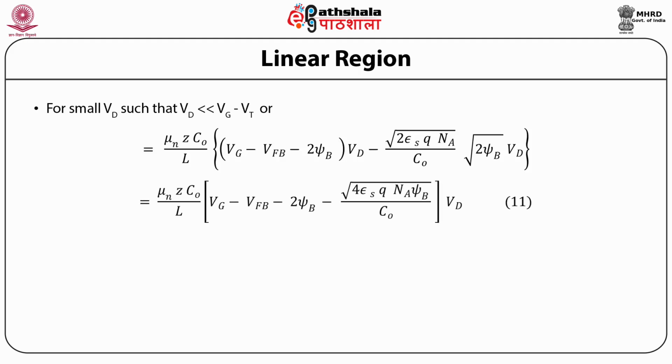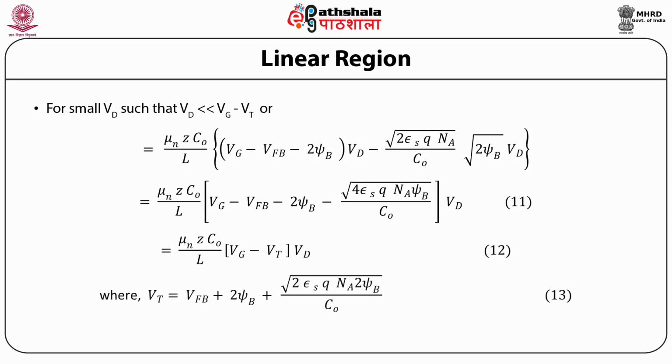This is equal to mu n Z C naught by L Vg minus Vfb minus 2 psi b minus root of 4 epsilon s q Na psi b by C naught multiplied by Vd. This is equal to mu n Z C naught by L bracket Vg minus Vt bracket close multiplied by Vd.